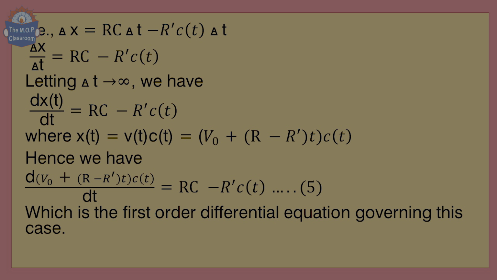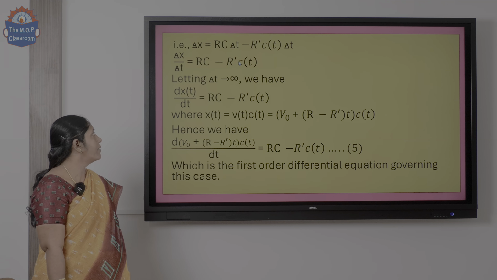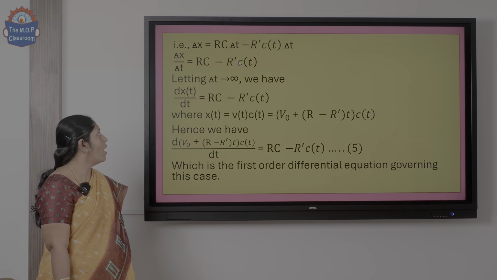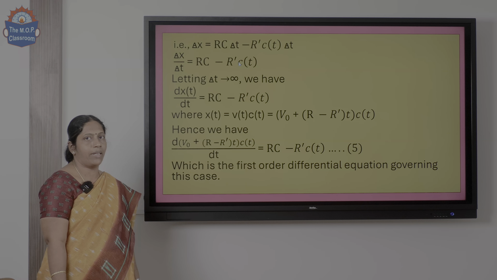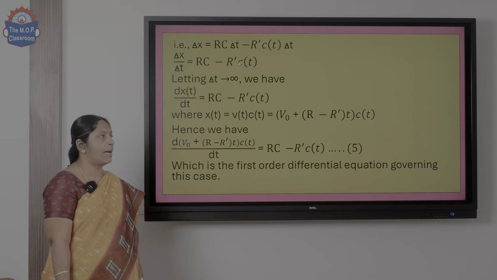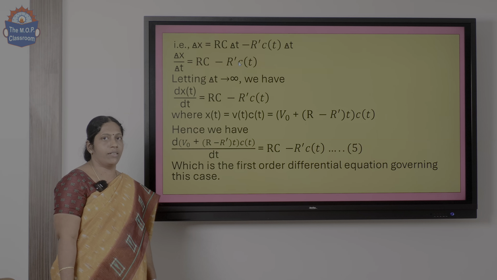Now, proceeding similarly as we did for the previous case, dividing both sides by delta t and letting delta t tend to 0, we have dx of t by dt is equal to RC minus R dash into C of t, which is the differential equation governing this particular case, where x of t denotes the amount at any time t, and all of us know that amount is equal to volume into concentration.